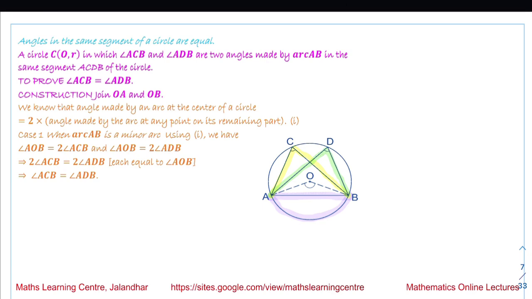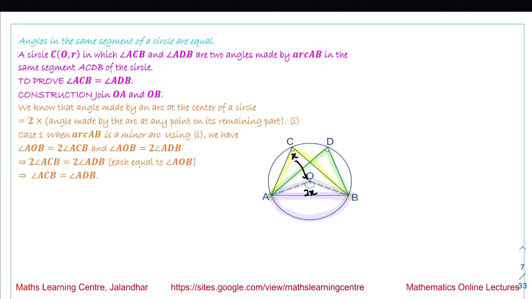To prove this, we are going to join this point A with the center O and this point B with the center O. Now if the measure of this angle C is x, what we know is that the measure of this angle at O will be 2x by our previous result, that the angle at the center of a circle is double the angle at any point on the circle subtended by an arc.